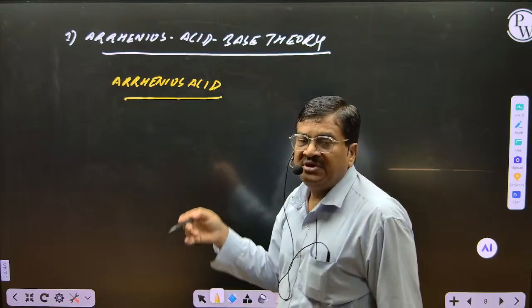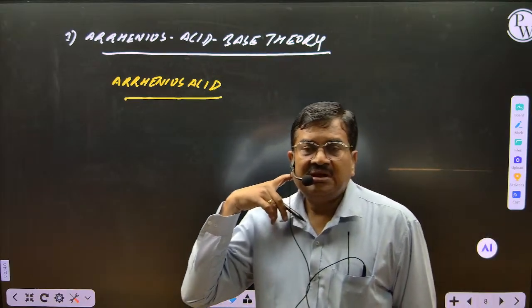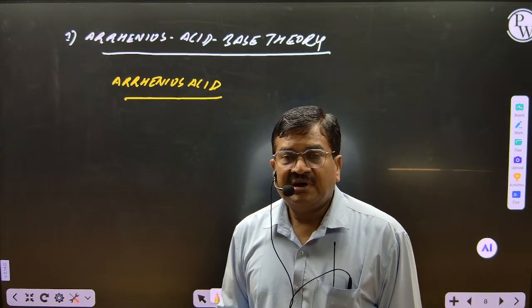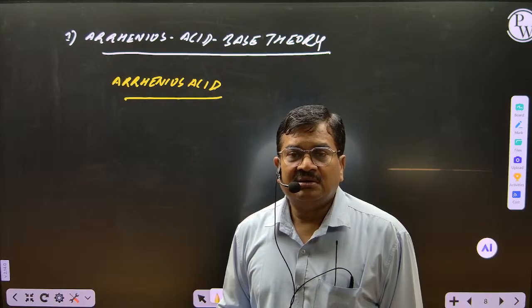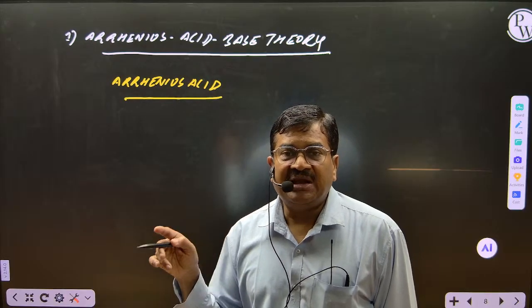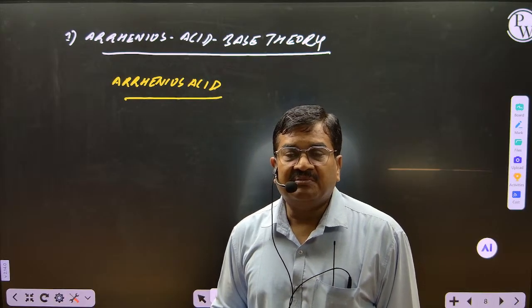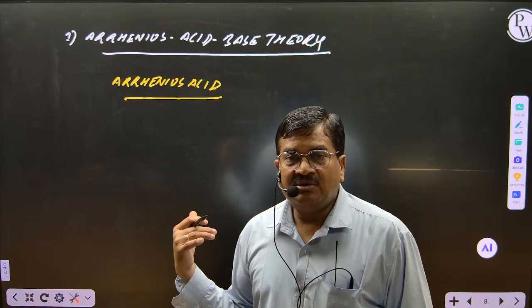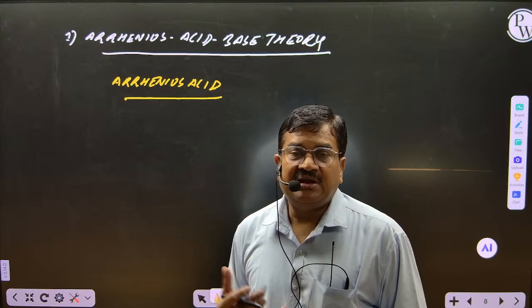Which one do we call Arrhenius acid? Simple: substances which increase the concentration of hydronium ion. What is hydronium ion? H3O+ in aqueous medium. Aqueous means what? Water. That means this theory is applicable only if water is present.